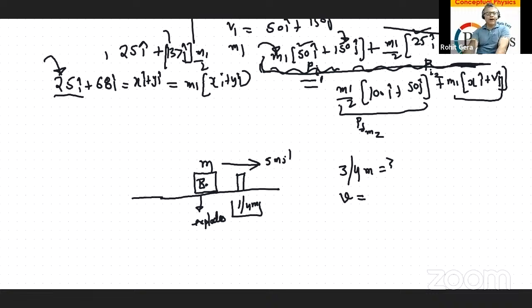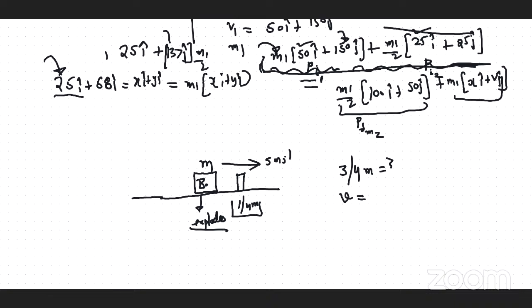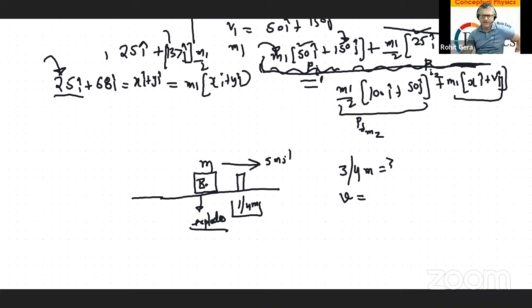So if you know one part is there, the second part is also there. The question is, what happened to it? The word used is explosion. You have to find the velocity of the second mass after the explosion is completed.